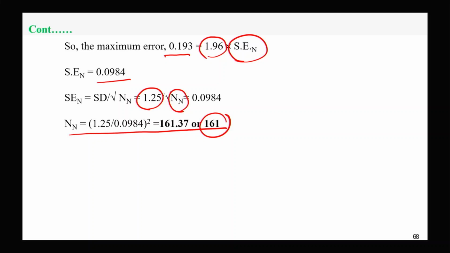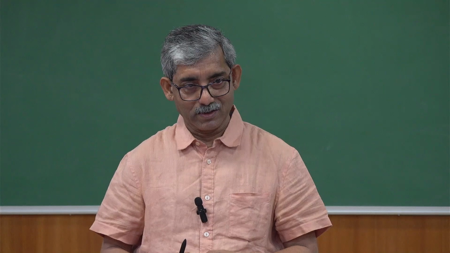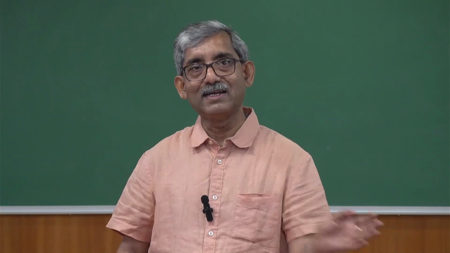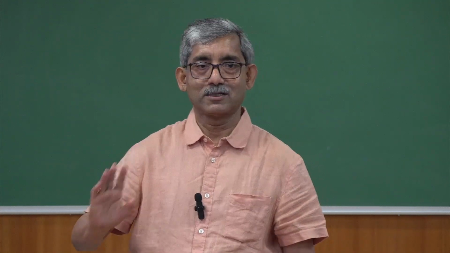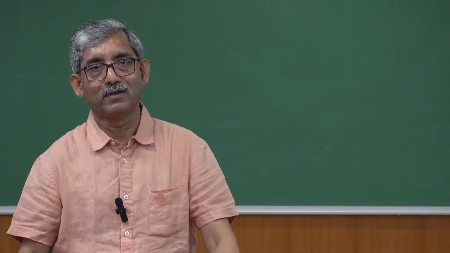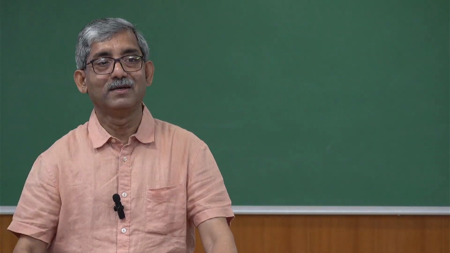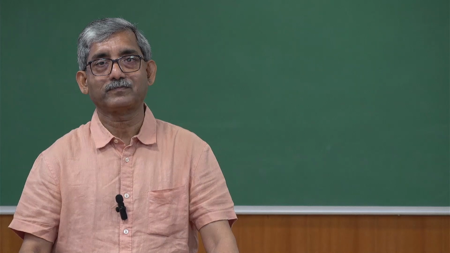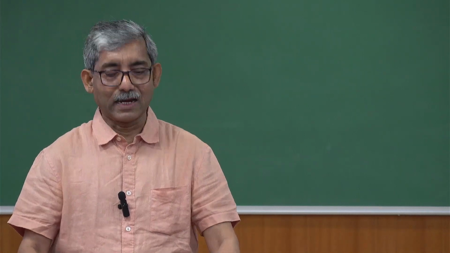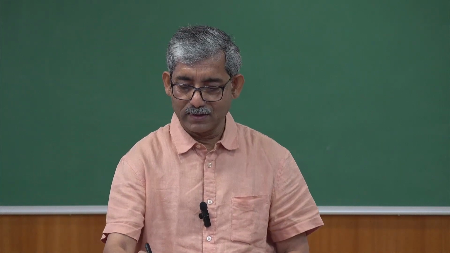That means earlier it was 40 readings. So to reduce the error percent to half, we have to increase the number of specimen in a sample. We have to test more samples. This is for 95% level.